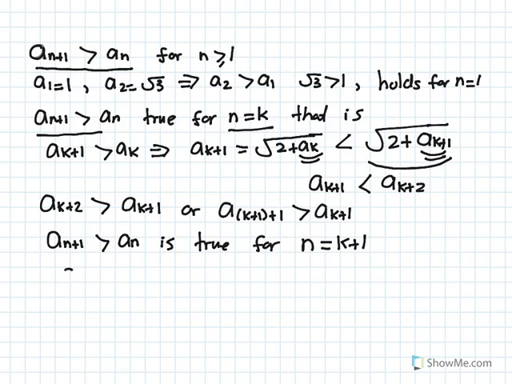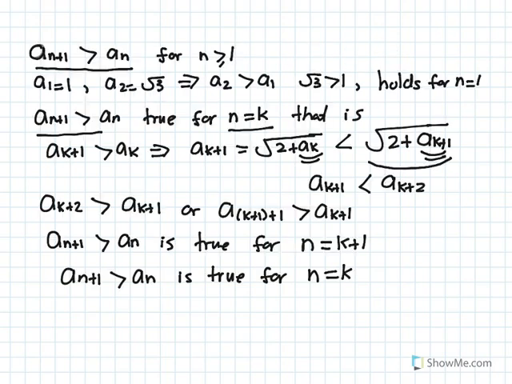But we also know that by assumption, a_{n+1} is larger than a_n is true for n equals k. So by mathematical induction, a_{n+1} is larger than a_n for all n.